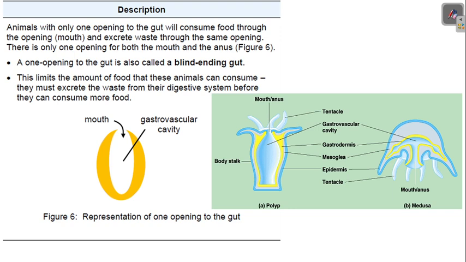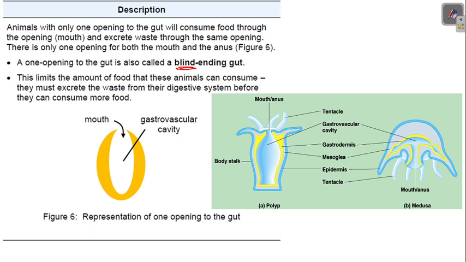So imagine this: you yourself as a human being, if you had one opening, you basically take food from your mouth and then basically use that one opening, which is your mouth, as an anus, basically, to discard the food. So you'd be having a blind gut. Fortunately for us, we do not have that. This limits the amount of food that these organisms can consume because they must excrete.